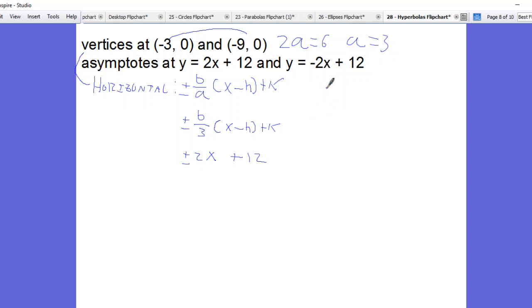So b has to be equal to 6. H has to be 0, because x is not modified. And k has to be equal to 12.